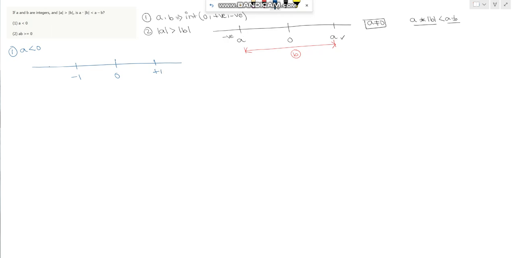And let's place a to the left of minus 1, which means a is further negative than minus 1 is. So a is out here, right?